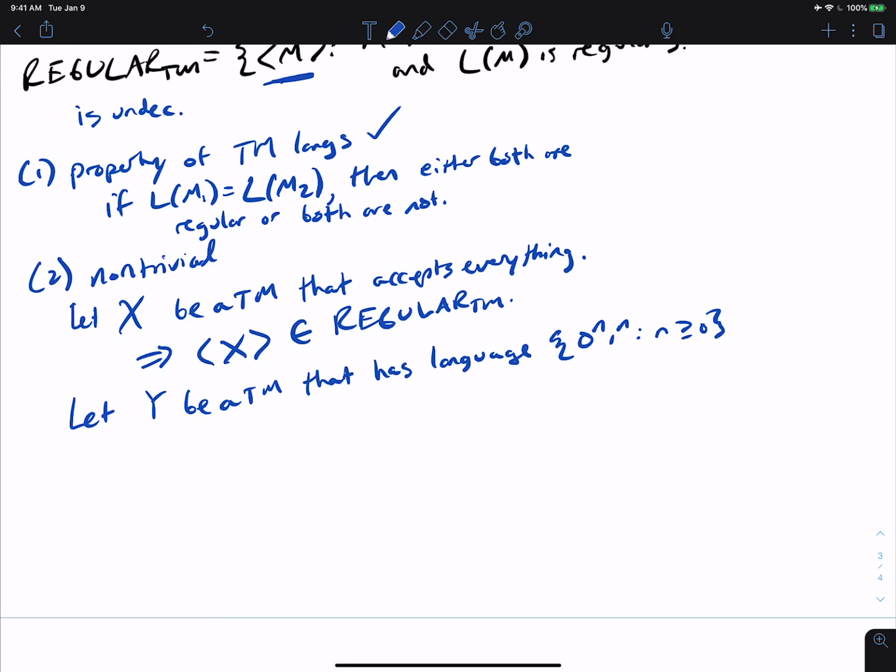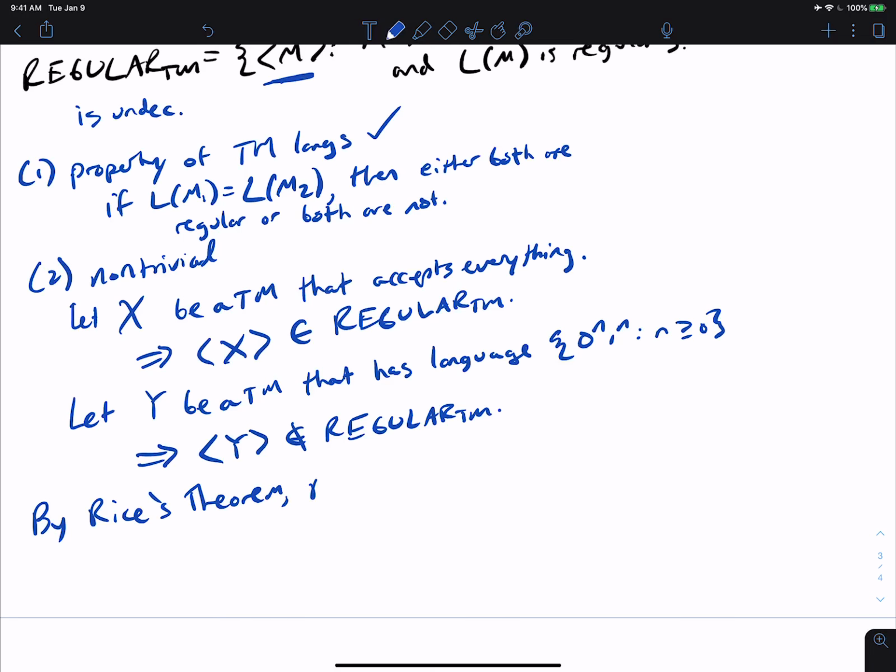And it's pretty easy to make a Turing machine that has this language. This implies that Y is not in regular TM. So then the most important part: by Rice's theorem, regular TM is undecidable.